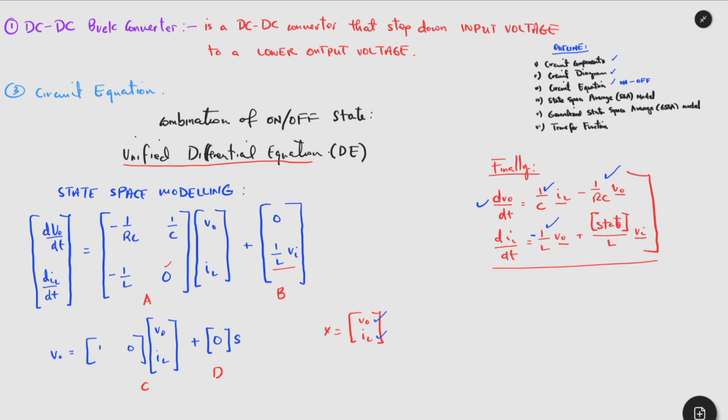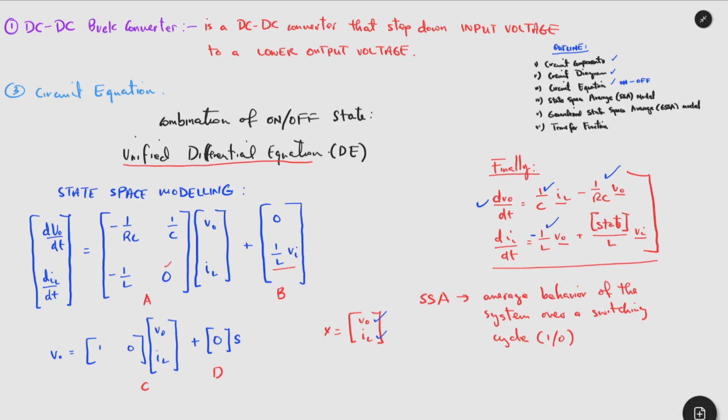So this discussion is now our state space model, because from the definition of the state space averaging model, it says it represents the average behavior of the system over a switching cycle, which is the 1 and the 0, or the on and the off state.